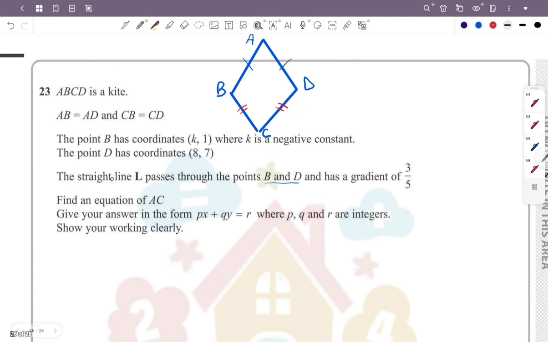We need to draw the straight line L passing through the points B and D, and we need to find an equation of AC.